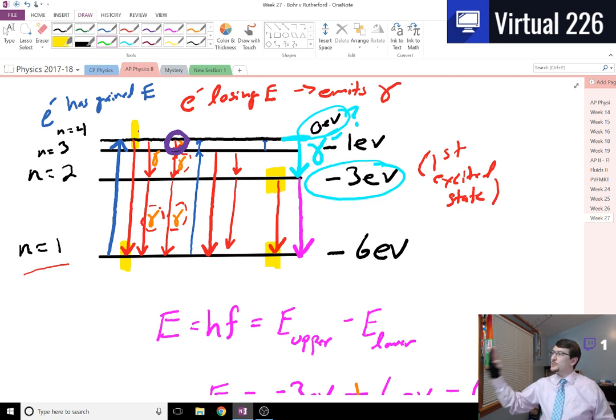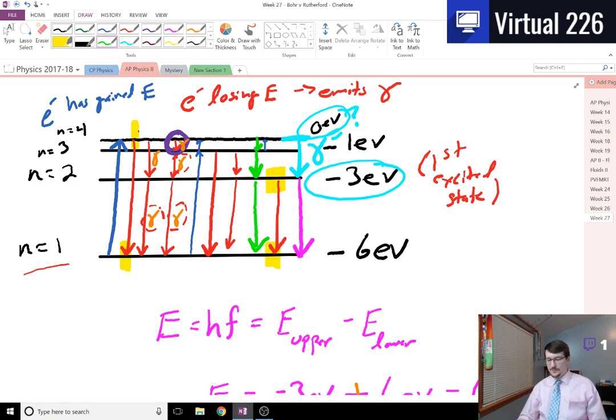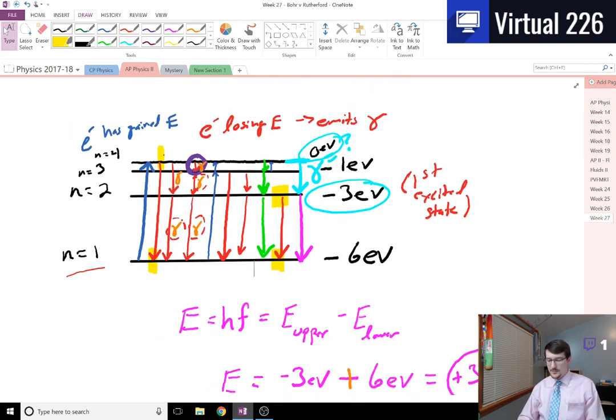We only see specific points of light that exist at specified wavelengths. And those specified wavelengths are what we get through these various transitions. So we know we're going to get certain wavelengths of light out based on the hypothetical atom that we have. That's an important thing to keep in mind.